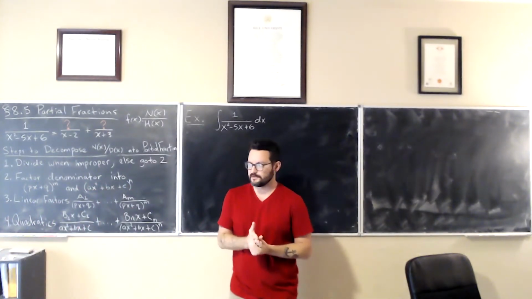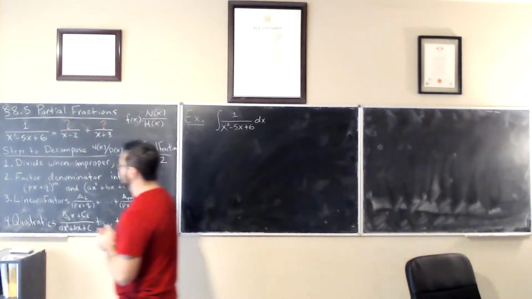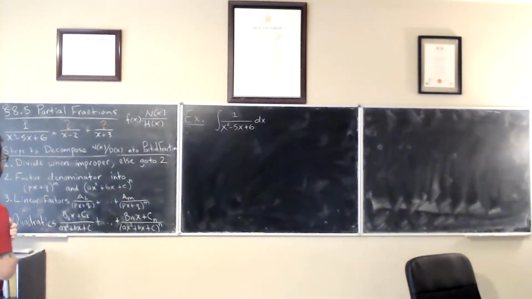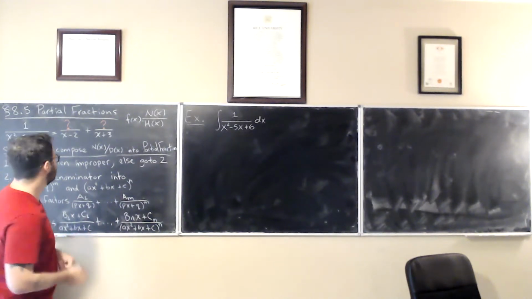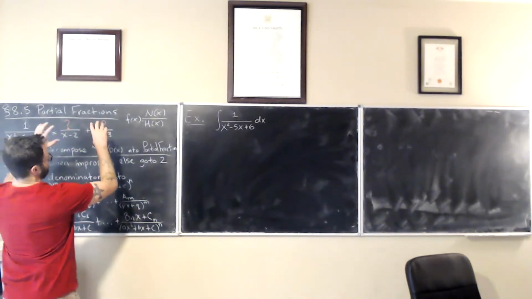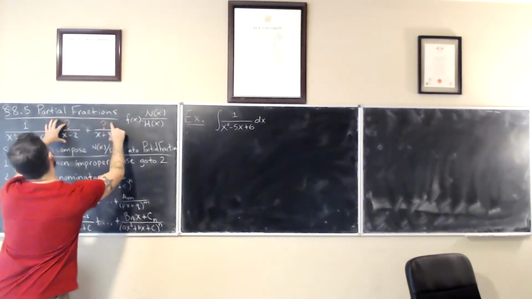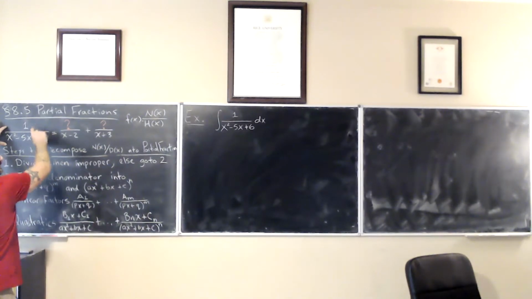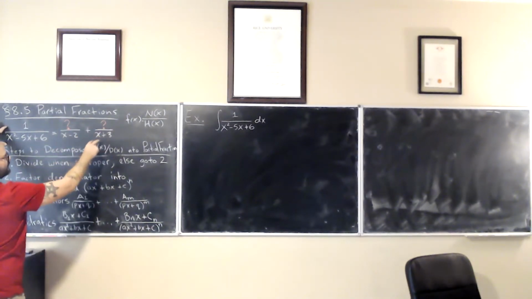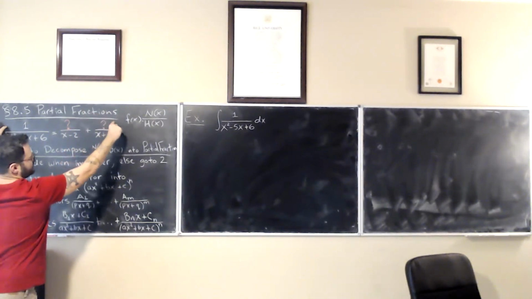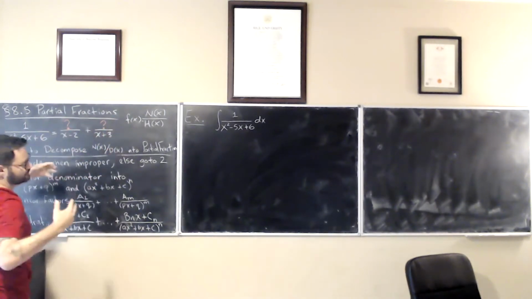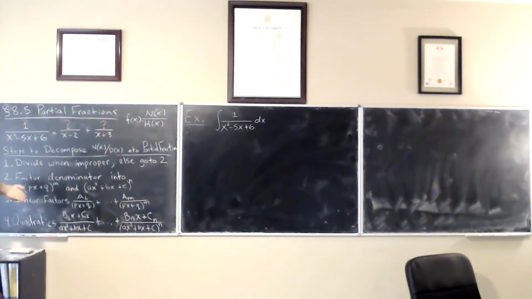To be more specific, we need to reverse the process that we typically have done in the past in a pre-cal or college algebra course. Typically, you would encounter things like this on this side, and then you would go this way. You would combine these by multiplying this by x plus 3 over x plus 3, multiplying this by x minus 2 over x minus 2, combine like terms, add them, and get to here.